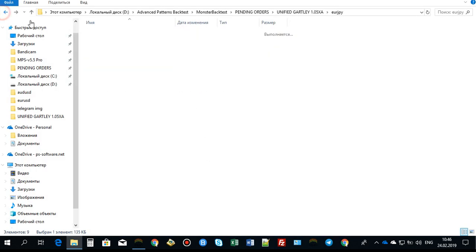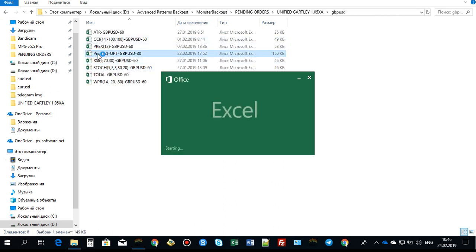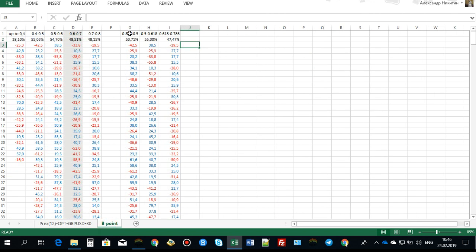Then we go to some more pairs, maybe the pound-dollar optimization result. And you see 800 trades, again 800 trades. And let's do the optimization, and we see the shallower point is 53, the middle B point is 55, and the 618 to 786 is a complete loser.